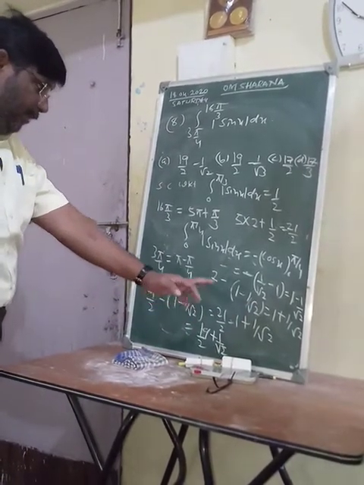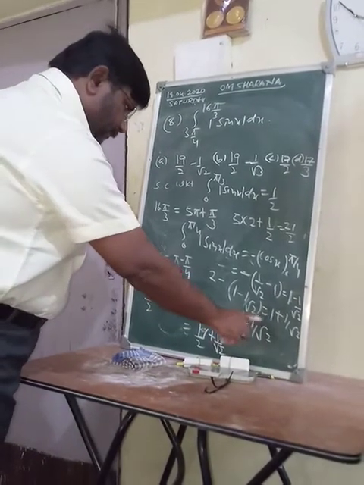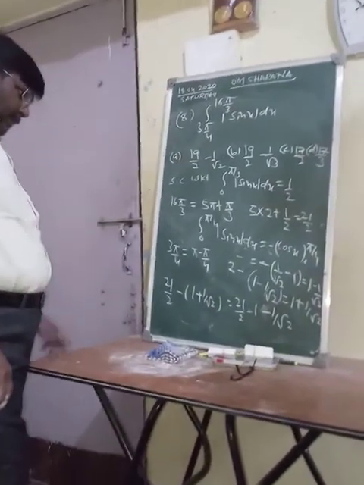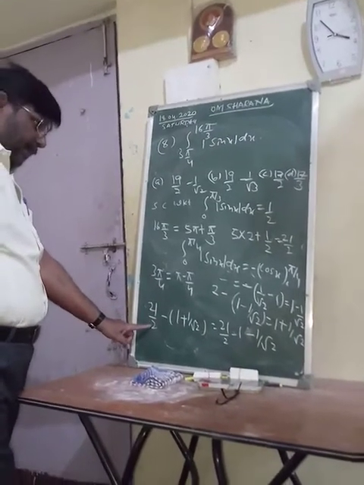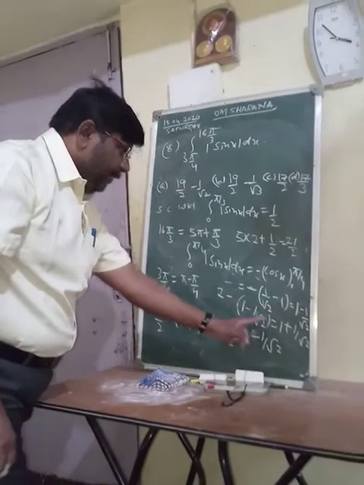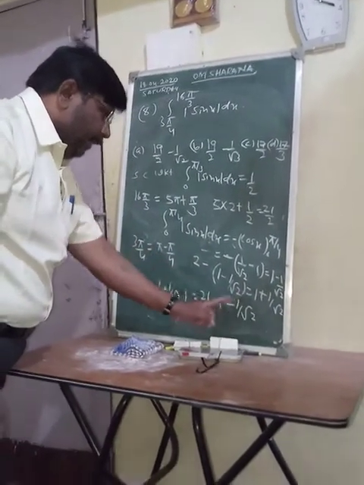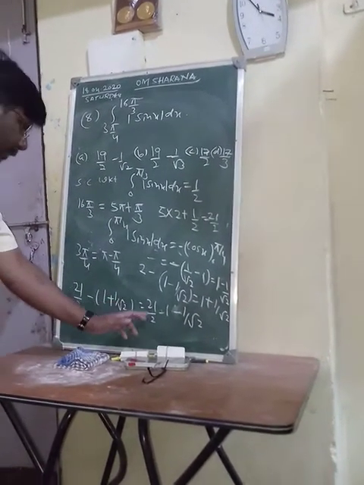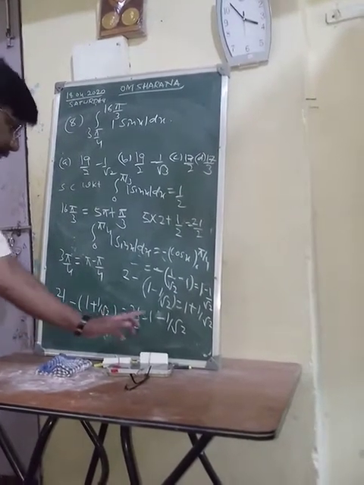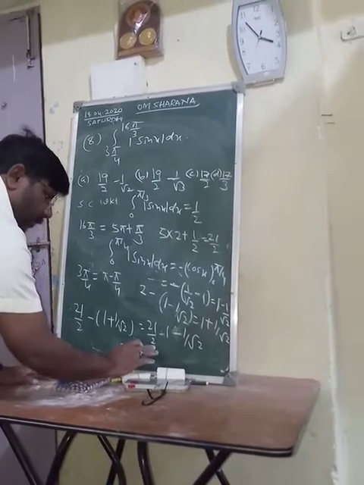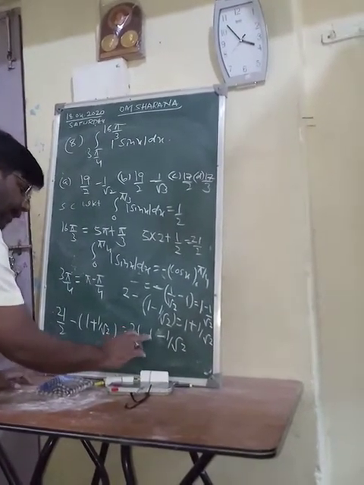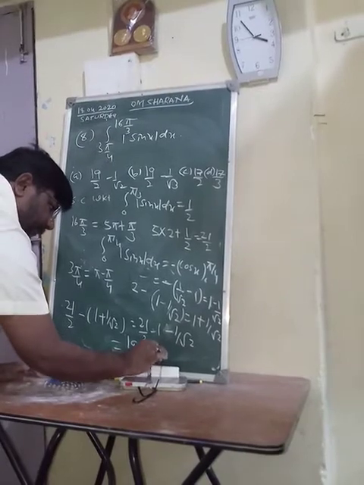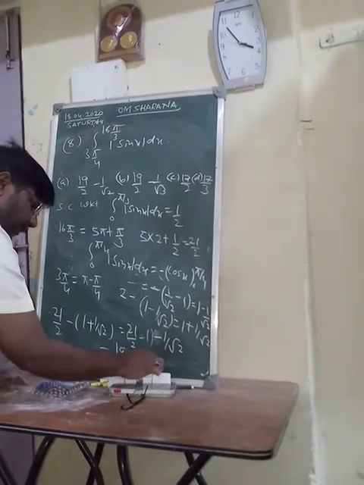So 21 by 2 minus of 1 plus 1 by root 2, that is 21 by 2 minus 1 minus 1 by root 2. 22 minus 1 is minus 2, 21 minus 2 is 19 by 2, minus this 1 by root 2, keep it as it is. This only you need to simplify, and this one you keep as it is.